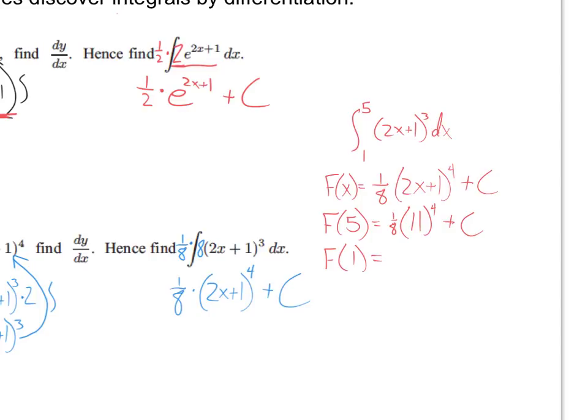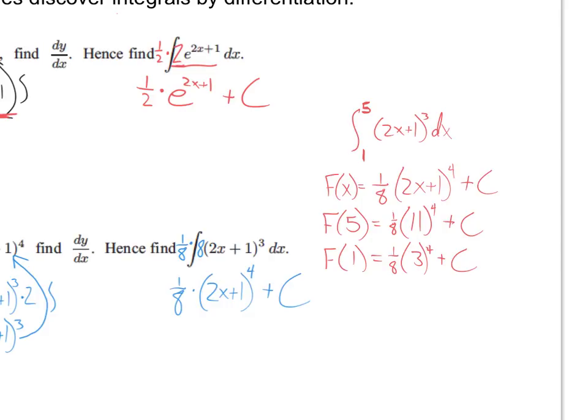So we start with the upper bound here, 5. Now we have this lower bound 1, so it would be 1/8, and this would be 3 to the 4th, 2 times 1 plus 1, plus c.